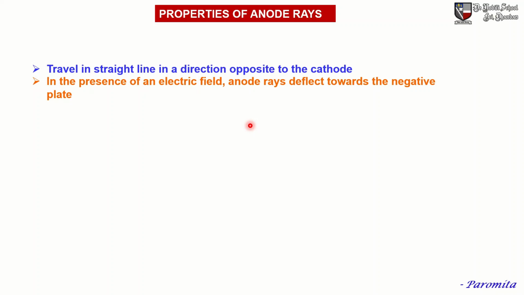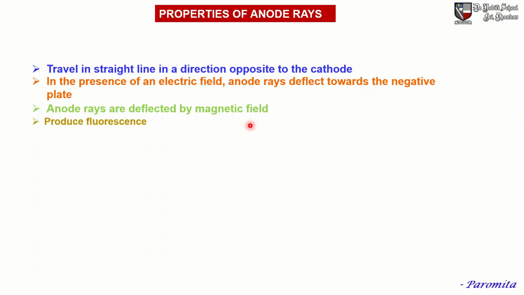This indicates that the constituent particles of anode rays are positively charged. Anode rays or canal rays are also deflected by a magnetic field, in a way which indicates that they are composed of positively charged particles.